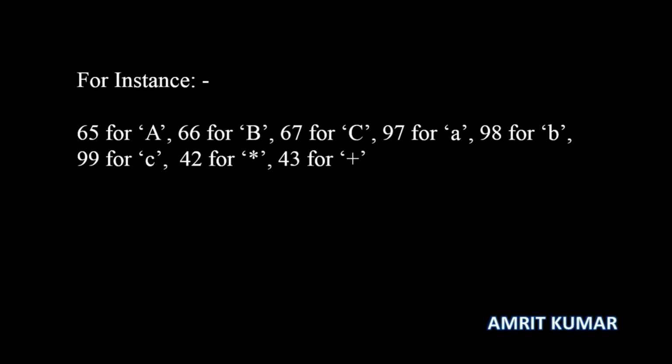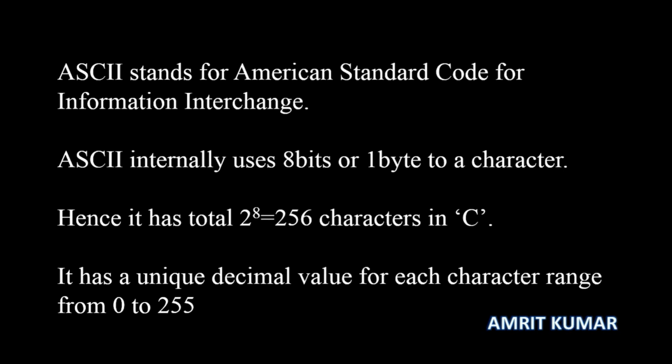ASCII stands for American Standard Code for Information Interchange, and this clarifies that the value 65 stands for character A, which is capital A. Here we can say that ASCII can contain 256 characters, so its range will be from 0 to 255, because ASCII internally uses 8 bits, and we have studied that 8 bits is equal to 1 byte or 1 character.